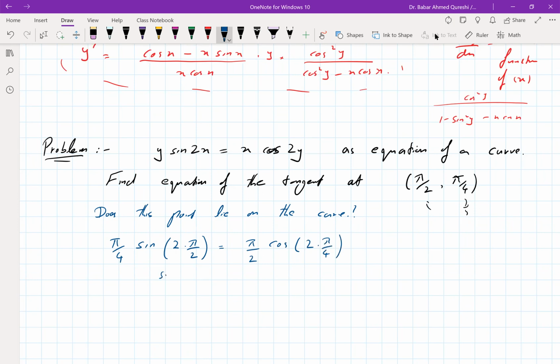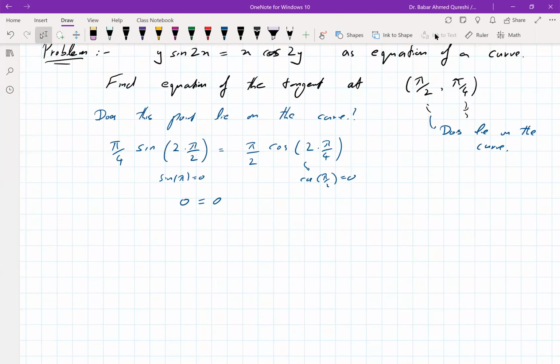So sine of pi is 0. And over here I have cosine of pi by 2, which is 0. So this equation is satisfied. So this does lie on the curve, because this equation is satisfied. So at this point, we have to find the tangent.